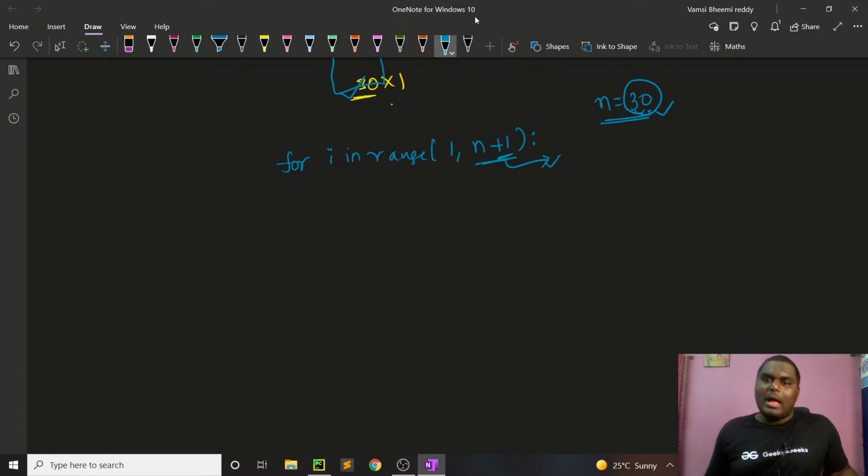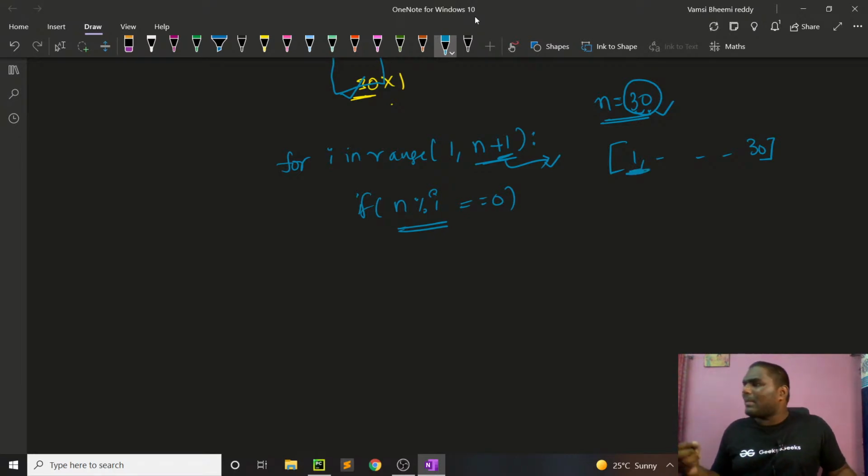Now I will check n mod i equal to 0. Let's say it has generated the sequence 1 to 30. I will check every number to see whether it yields a remainder of 0. When it gives a remainder of 0, what does it mean? It is going to be a divisor.